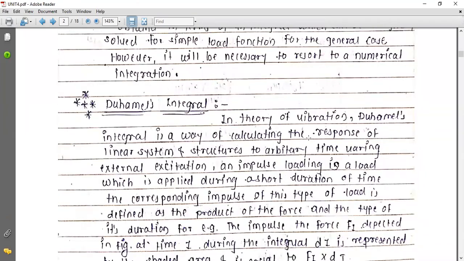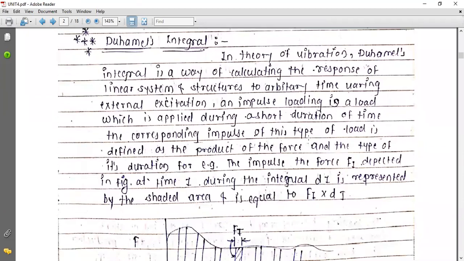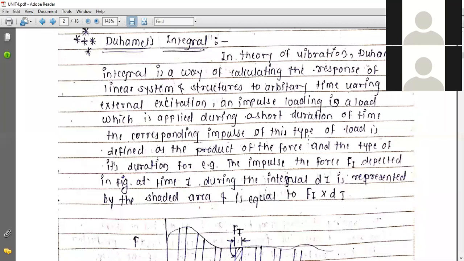What is this Duhamel's integral? Write down Duhamel's integral. In the theory of vibrations, Duhamel's integral is a way of calculating the response of linear structures to arbitrary time-varying external excitation.